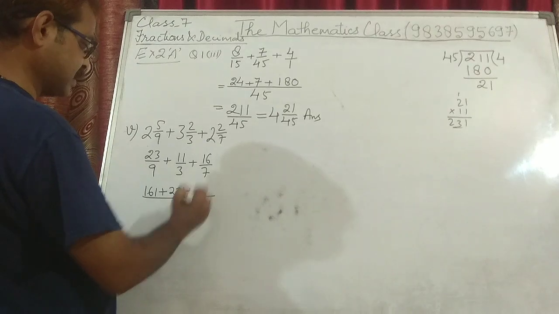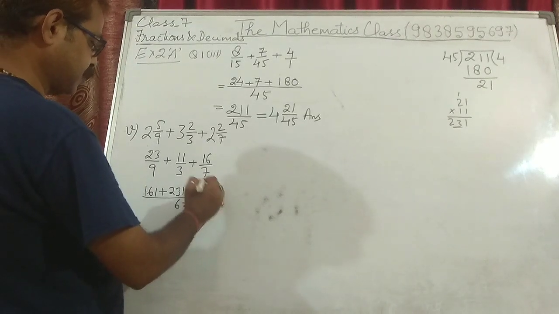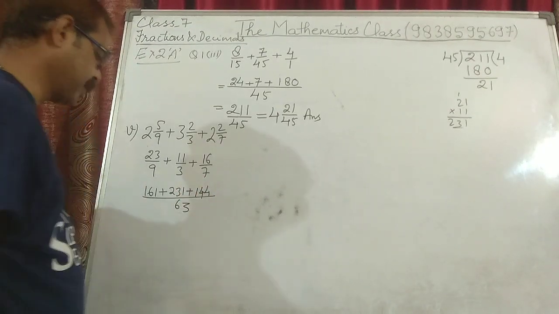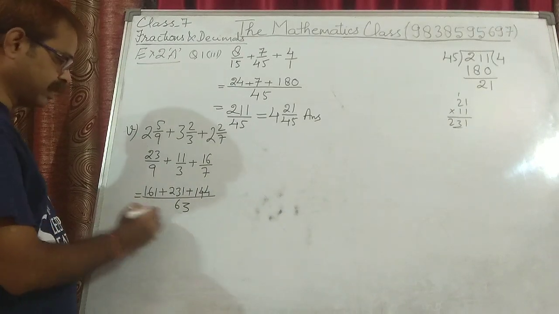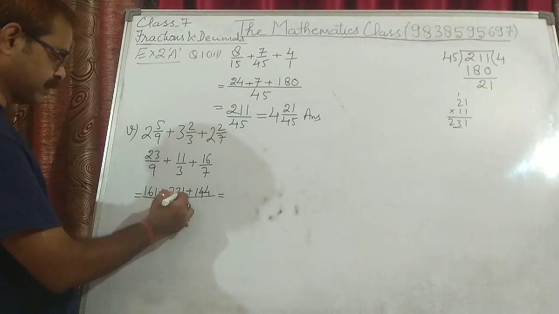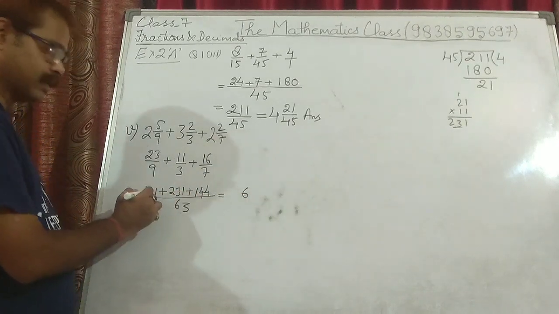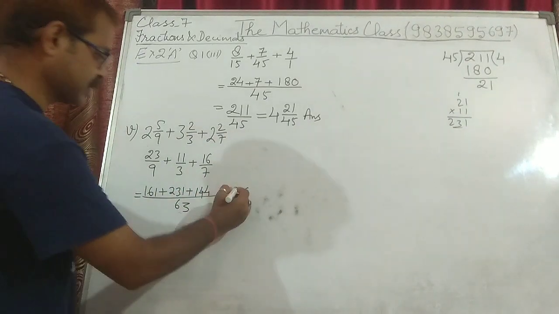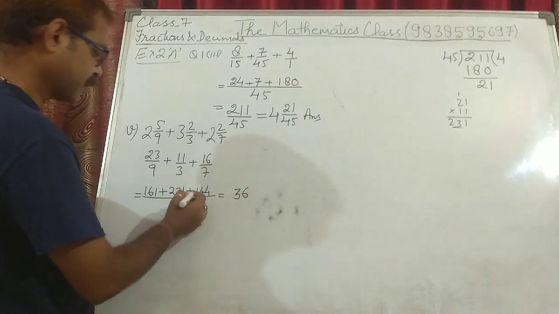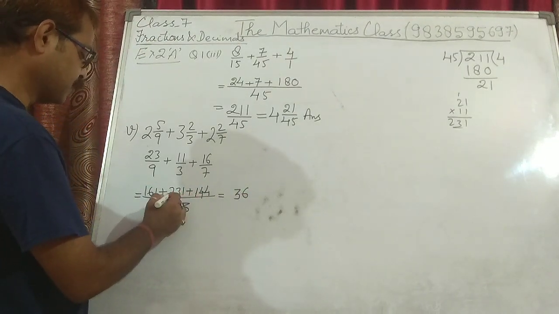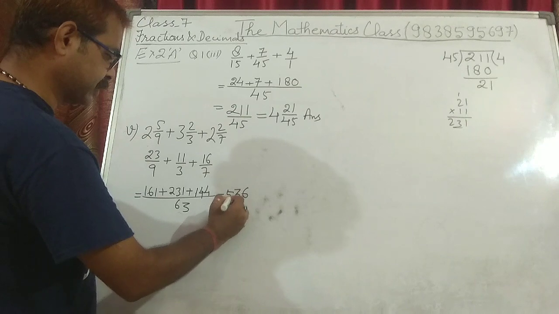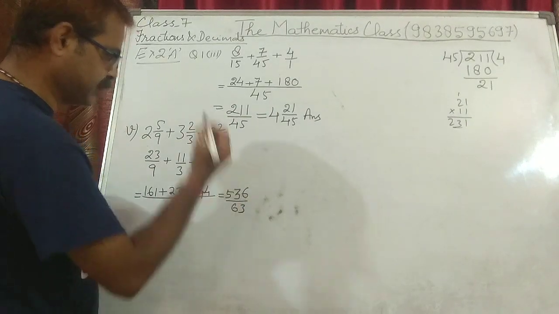Plus 7 nines are 63, 7 times 16 is 112. After solving this, we will add: 161, 231 and 144, giving 536 upon 63.